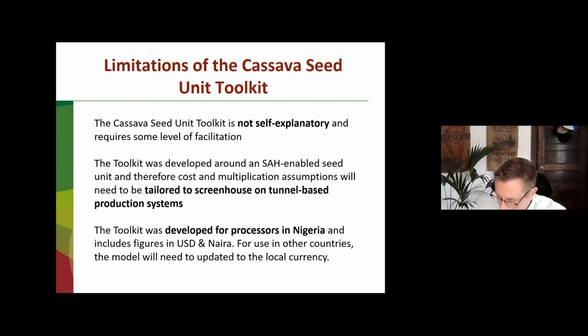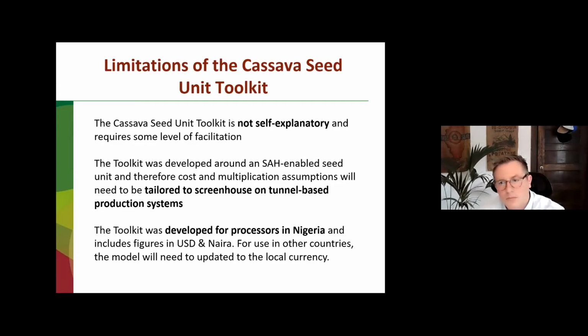And then the last limitation is around the location and our focus while we developed the toolkit. We developed the toolkit for processors in Nigeria, and because of that, figures are expressed in USD and Naira.